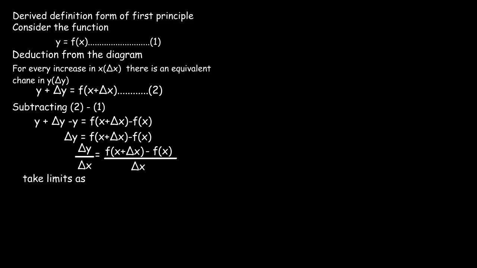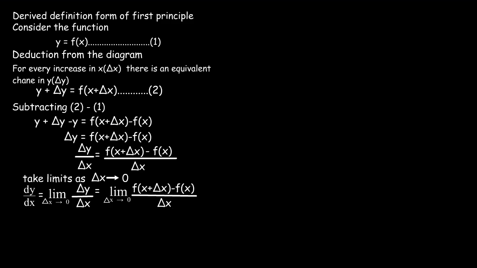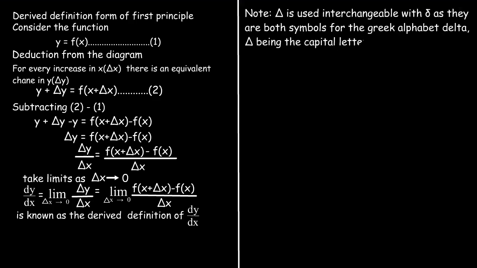So taking limit as delta s tends to 0, dy over ds will be equal to the limiting value of delta y over delta s as delta s tends to 0, which is equal to the limiting value of f of s plus delta s minus f of s divided by delta s as delta s tends to 0, which is similar to what we got from our deduction earlier. This is known as the derived definition of dy over ds.